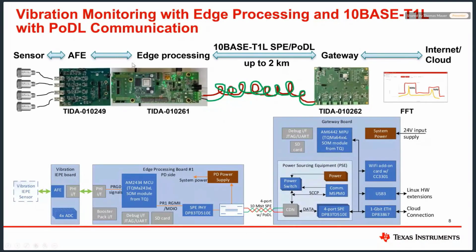This is what you have at the machinery, and then you do the data communication and powering over the single pair Ethernet wire, and this can be up to 2 kilometers. Then we have a gateway board which collects the information and makes it available to the internet, the cloud, or the operator.